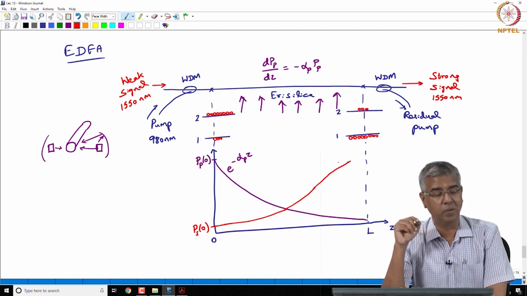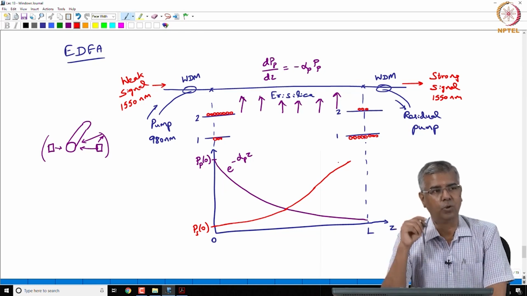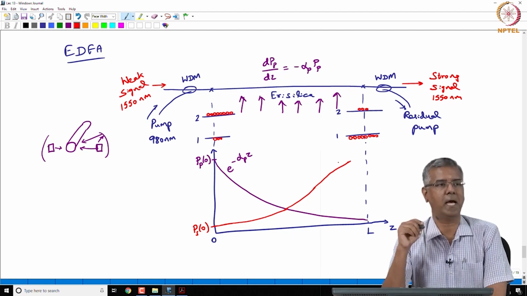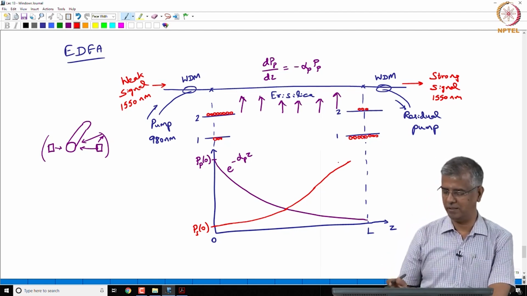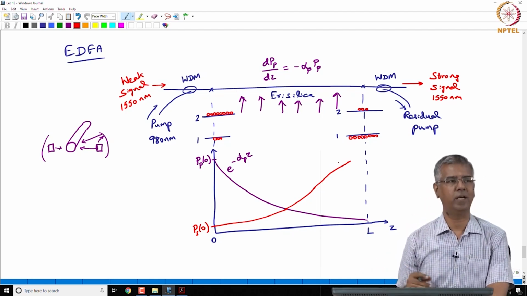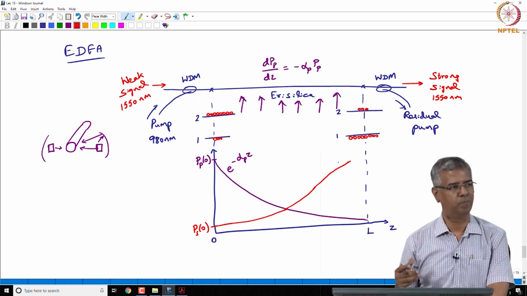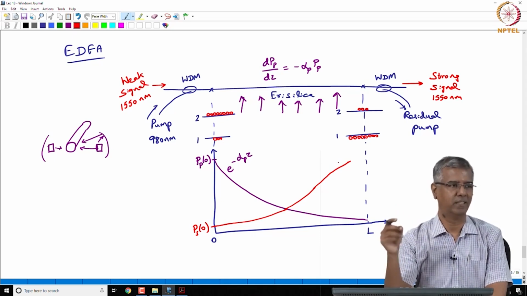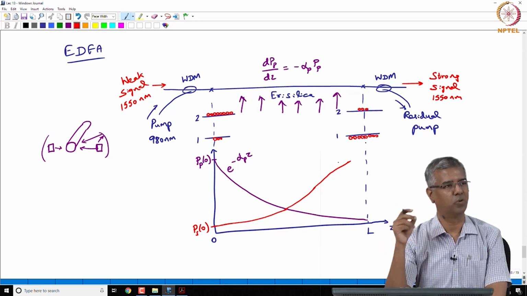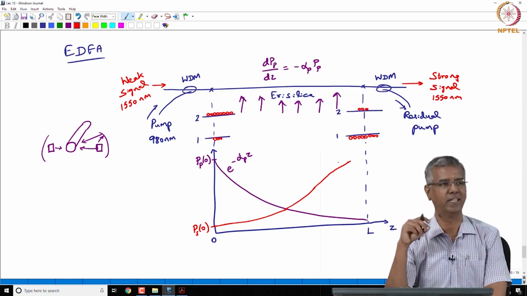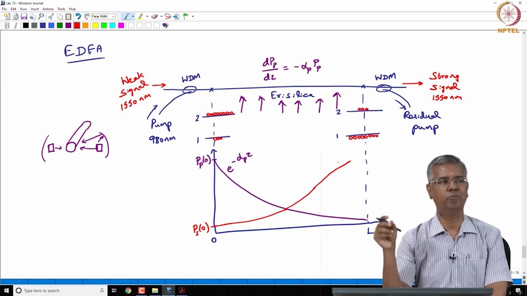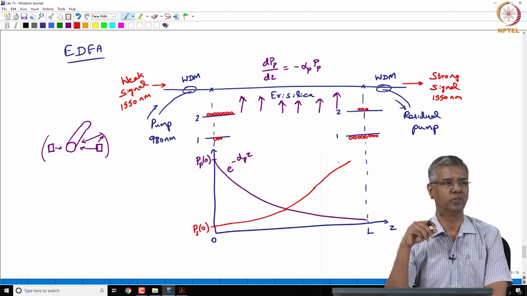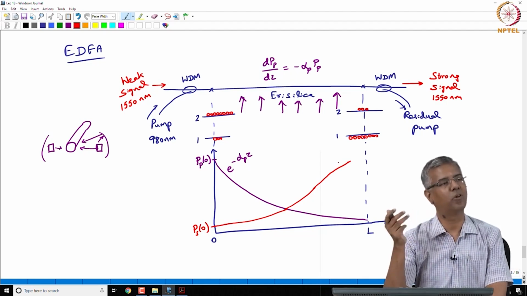In the case of erbium, if you do not have inversion and you have a lot of signal photons, what happens? In this region towards the later part of the fiber, you have very little pump light. That means very few atoms are actually excited to that higher energy level. So, most of them are sitting in the ground state, and then you have 1550 nanometer photons coming through. So, what is going to happen? What is more likely to happen?